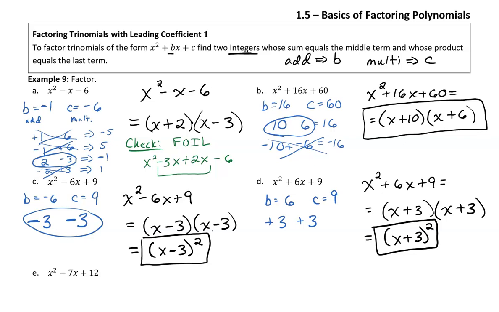In fact, when that happens, we have a name for them. These are called perfect square trinomials.